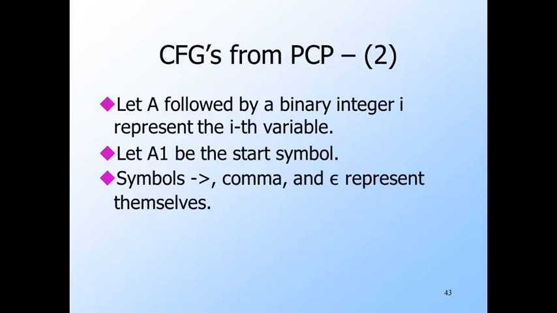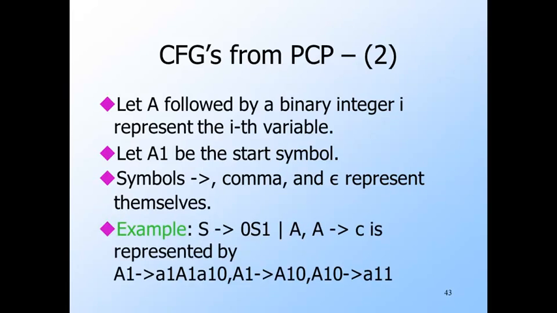The right arrow between the head and body of a production will be represented by itself. Likewise, the comma separating productions and the symbol epsilon will represent themselves. For example, this grammar is represented by this string right here.